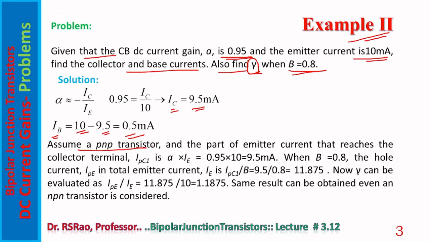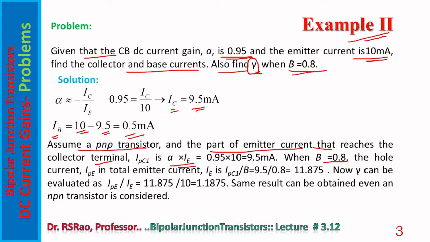Assume a PNP transistor and the part of the emitter current that reaches the collector terminal, IPC1, is alpha into IE. Alpha is 0.95, IE is 10. Therefore, IPC1 becomes 9.5 milliamperes.